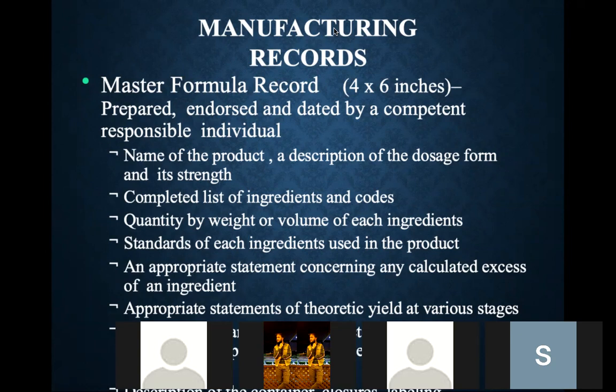Suppose you are going to manufacture 100 injectables. That is your theoretical yield. Now what you have produced, whether it is 95, 99, or 105, that is your practical yield. Is it clear? Theoretical yield is whatever you have written on your paper.